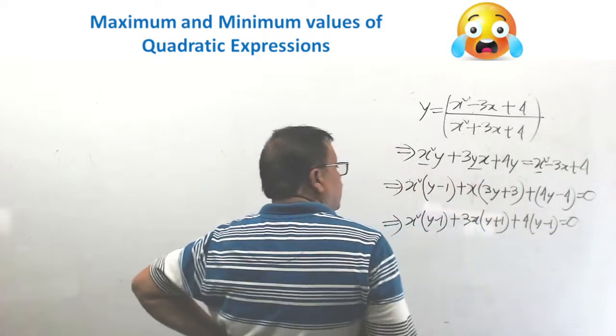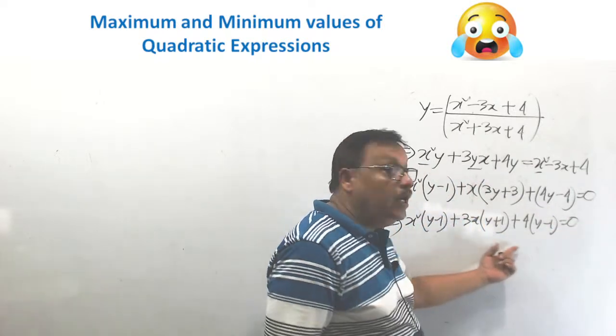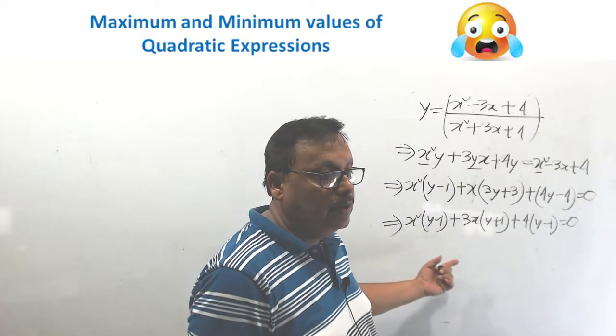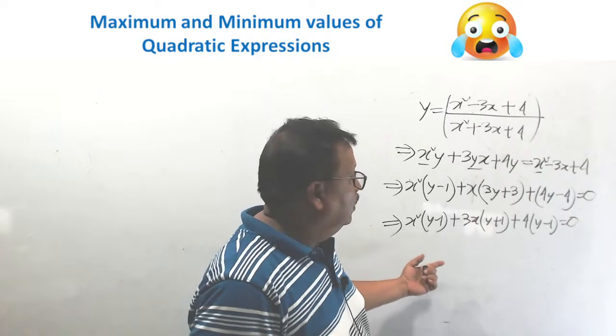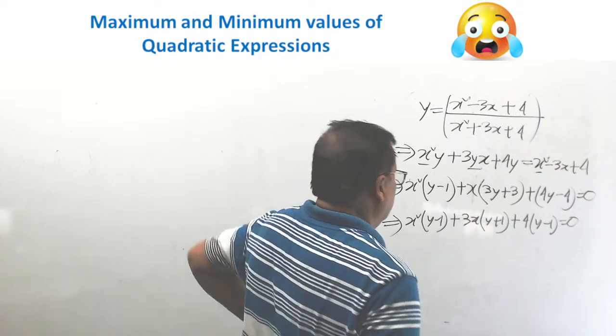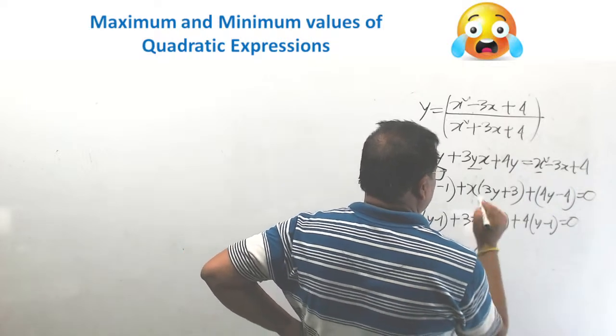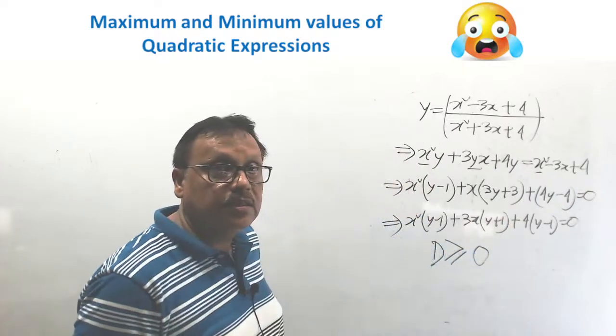Understood? Now, for real values of x, the same method: the discriminant is greater than or equal to 0 for all real values of x. Okay?